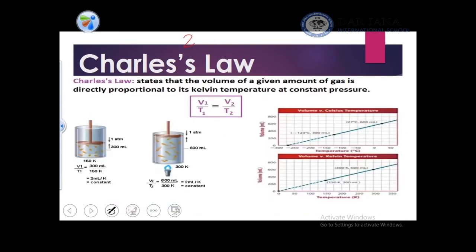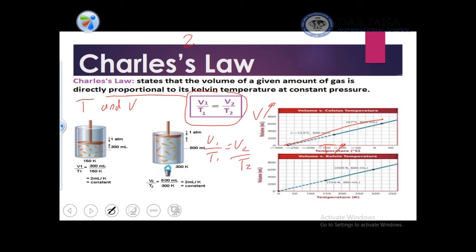In Charles' law, there is a proportional relationship between temperature and volume. As temperature increases, volume also increases. And the rule is V1 over T1 equal V2 over T2.